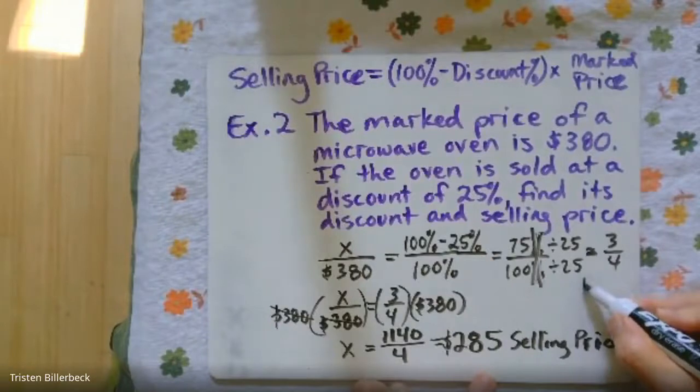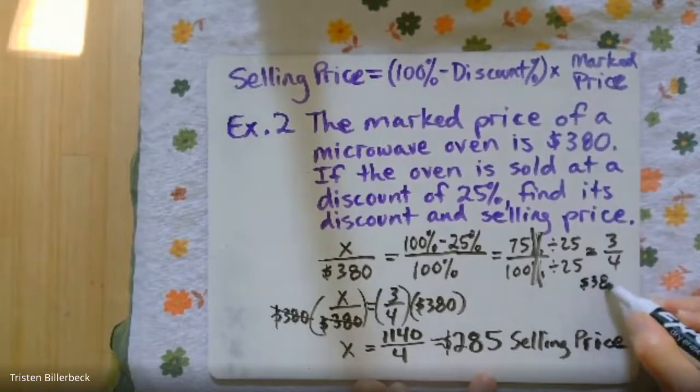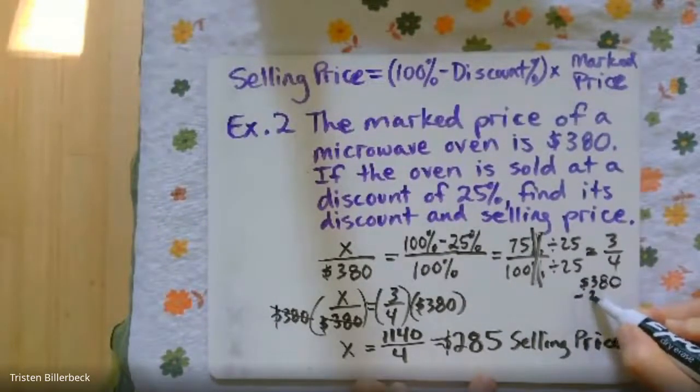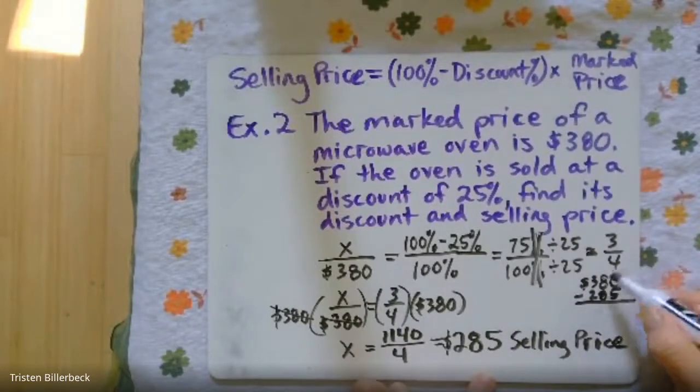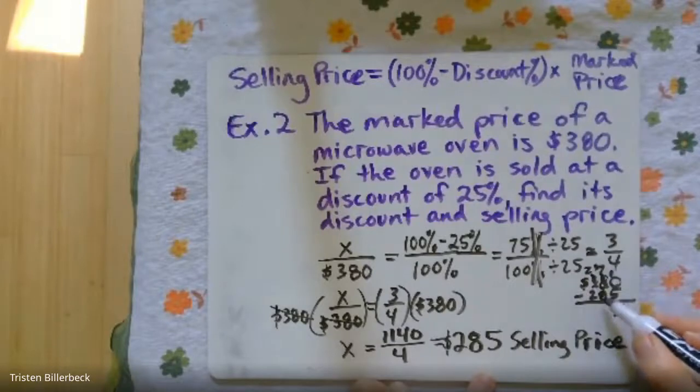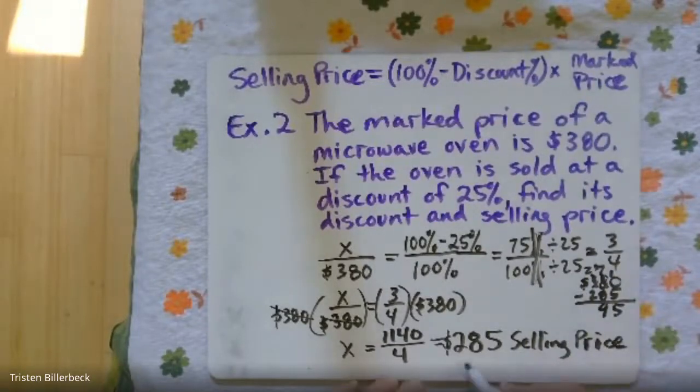So we have 380 minus 285. We want to see how much we're going to save. So that's 5. And then 17 minus 8 is 9. So we save $95.